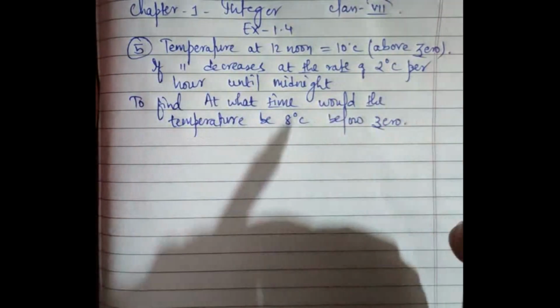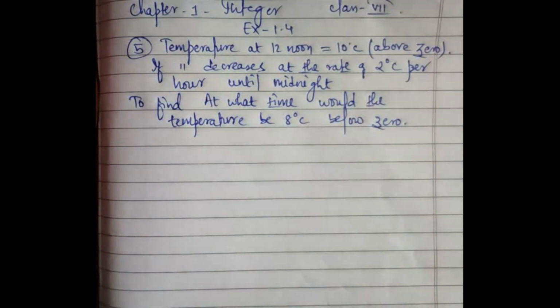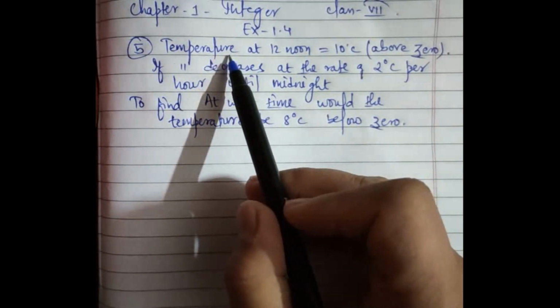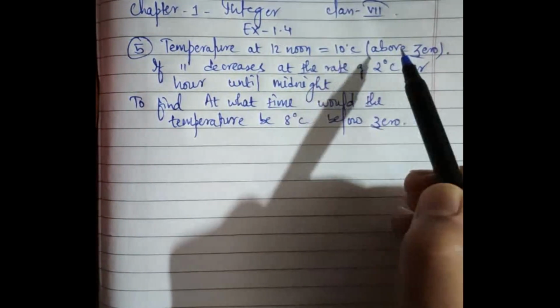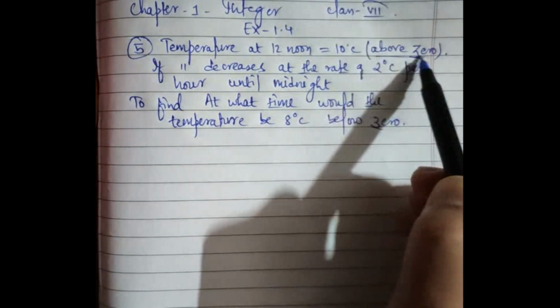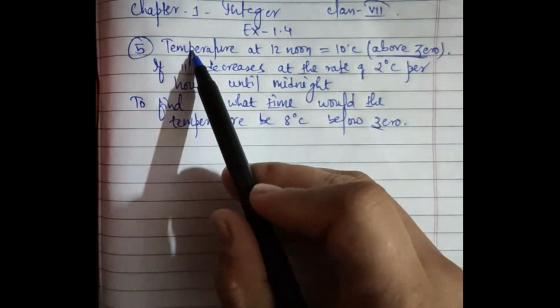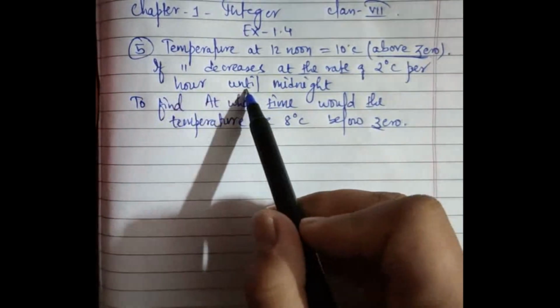Students, this is the overall question. I have not written the full question, I have written only the very important points here. Temperature at 12 noon was 10 degrees Celsius, that is above 0. Why it is above 0, I'll explain to you. The temperature decreases at the rate of 2 degrees Celsius per hour until midnight.